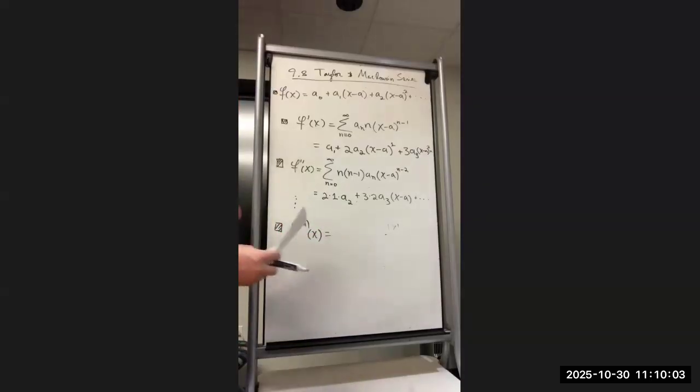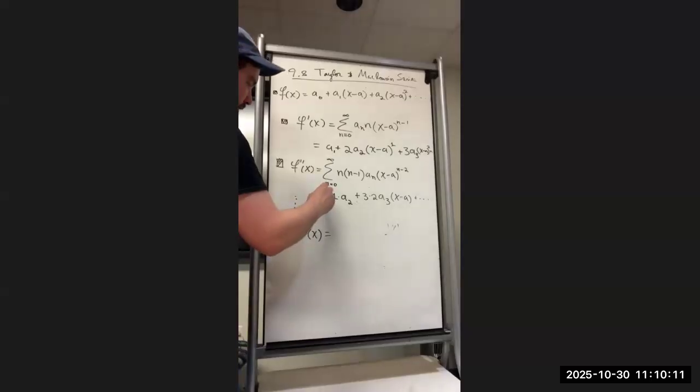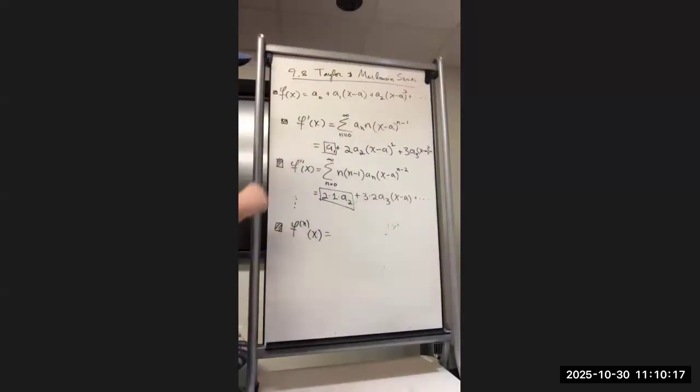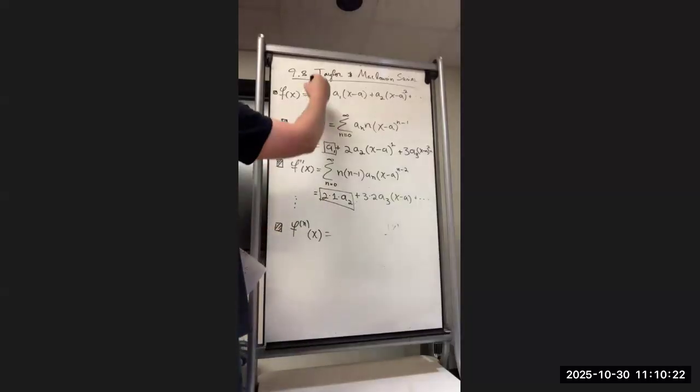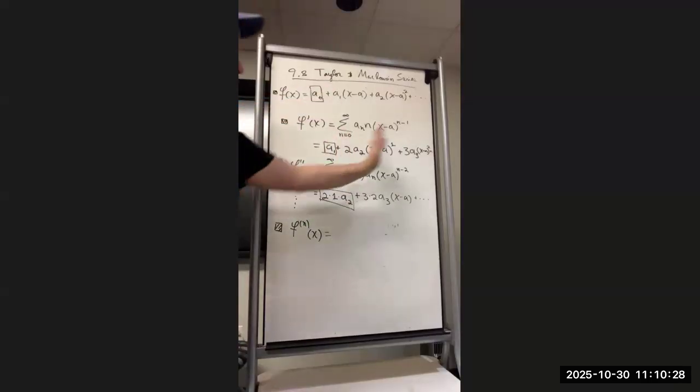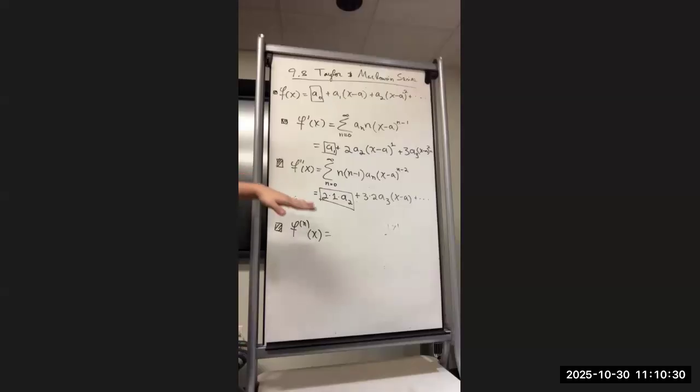Well, we start seeing a trend here where if we look at the first term for each derivative, and the function itself, the first term is the only constant term; every other term has a factor of x minus a.